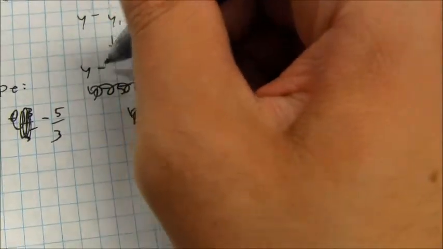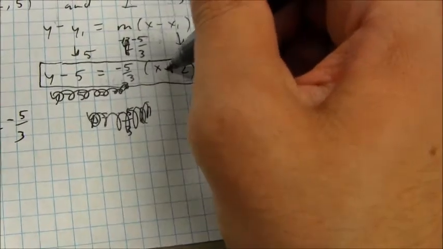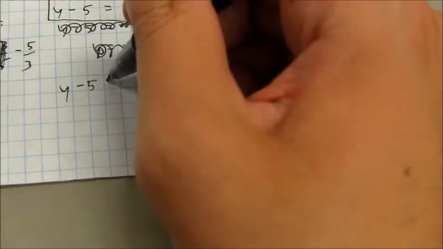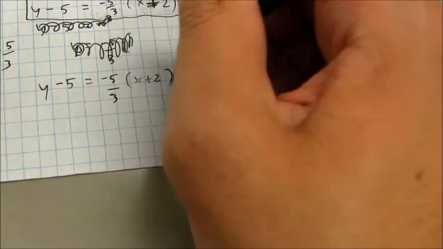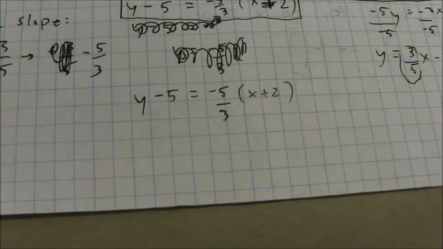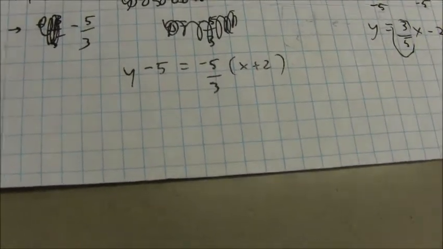It's going to be y minus 5 equals negative 5/3 times x minus negative 2. And of course that minus negative 2 really is just going to become a plus. So it ends up being an x plus 2 there. So a little messy there. Y minus 5 equals negative 5/3 times x plus 2. And again, you could multiply that out. You could write it in slope-intercept form. It really doesn't need to be written in that form, however.